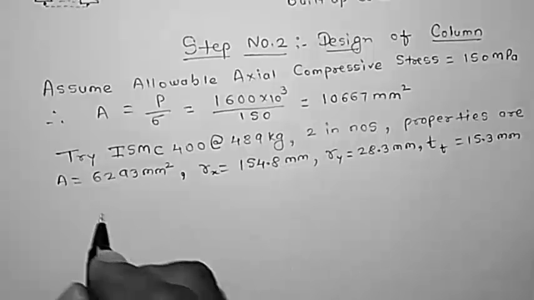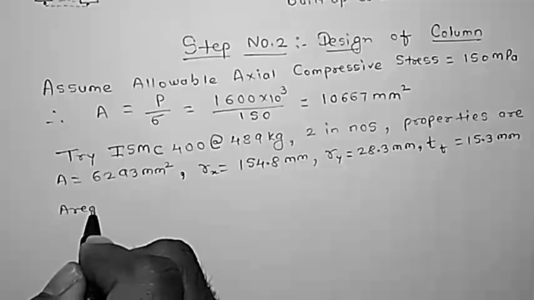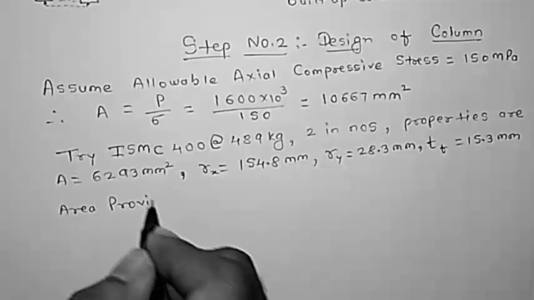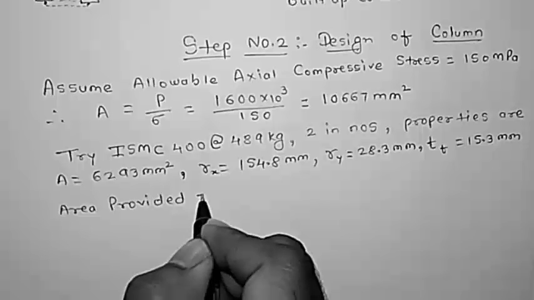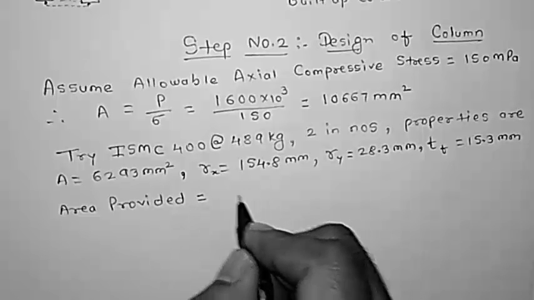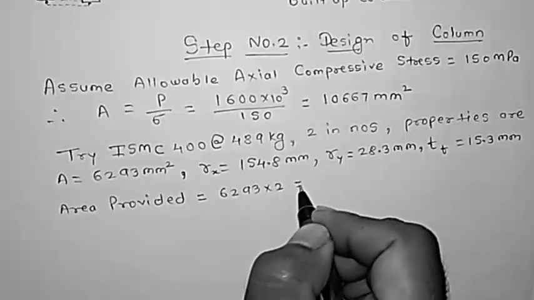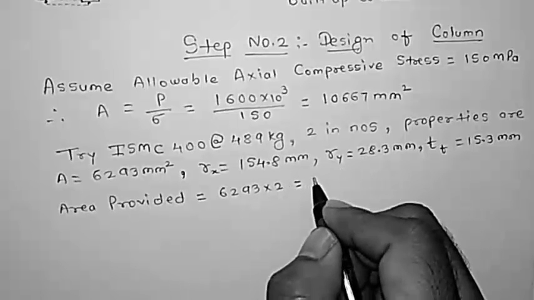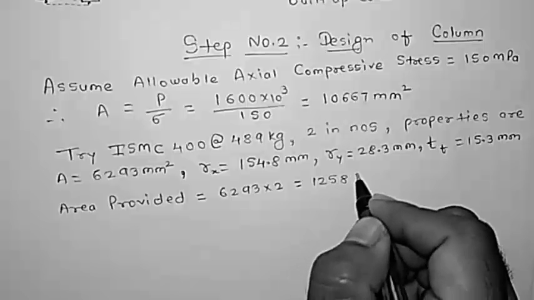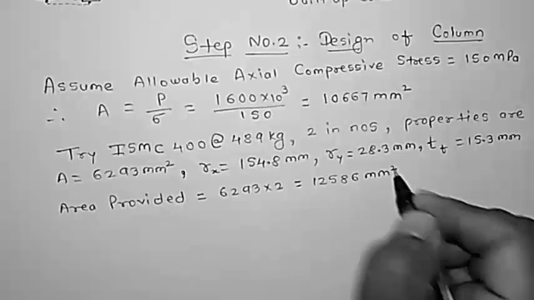So we can check what is the area provided by us. So area provided will be equal to 6293 multiplied by 2. So this is going to be 12586 mm square.